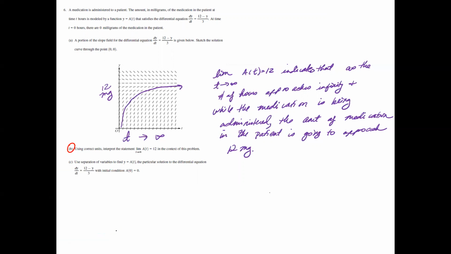Another way that you can describe this is you can say as the limit as t approaches infinity, you know that A of t is equal to 12.